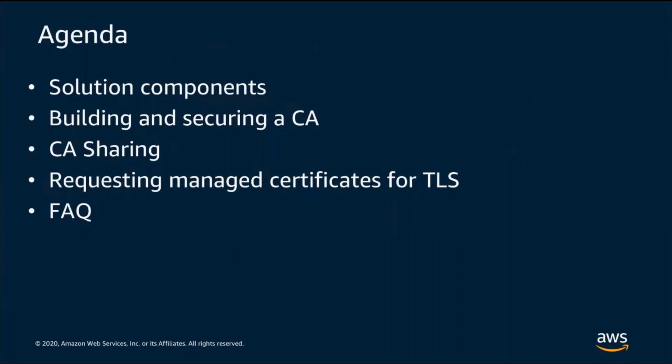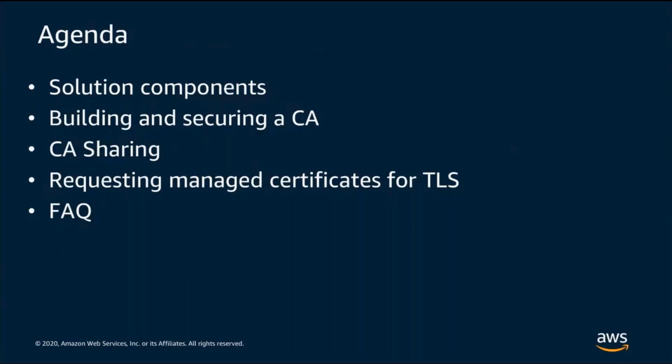We'll walk through each of those steps. I'm going to start by describing two of the important solution components. Then I'm going to do a demo on how to build and secure a certificate authority. I'm going to walk through the policy around CA security.